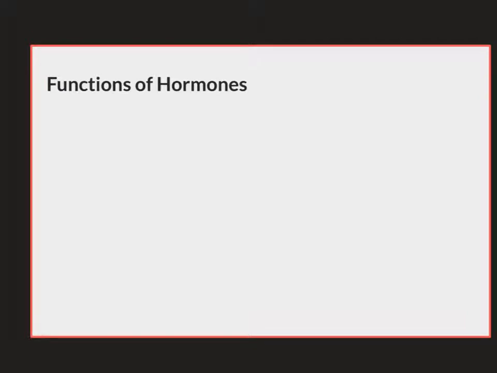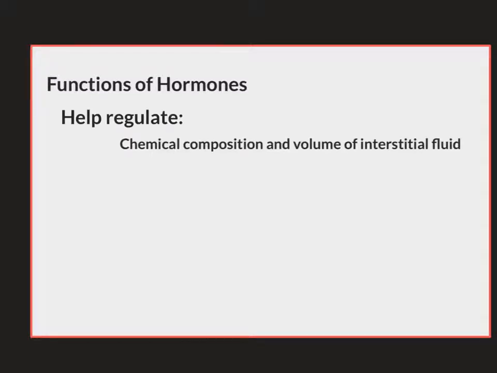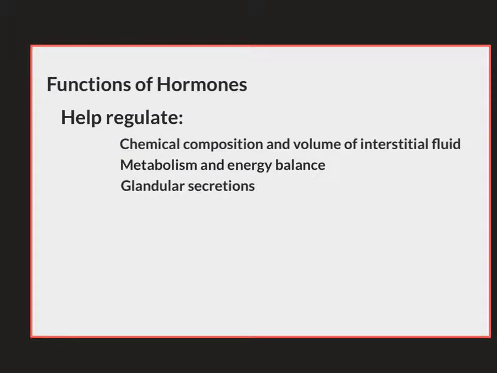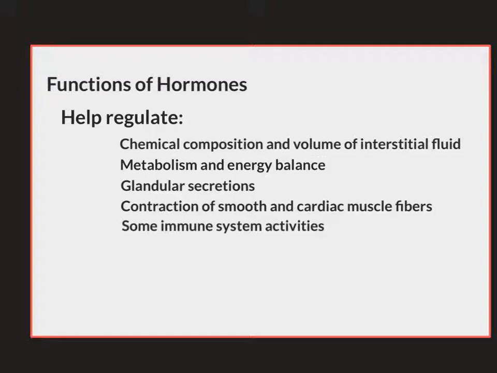Since we'll be talking about hormones throughout this chapter, what are the functions of the hormones? Hormones are involved in a variety of different functions, including that they help to regulate different things throughout the body, such as the chemical composition and volume of interstitial fluid, metabolism and energy balance, glandular secretions, contraction of smooth and cardiac muscle fibers, and even some immune system activities.